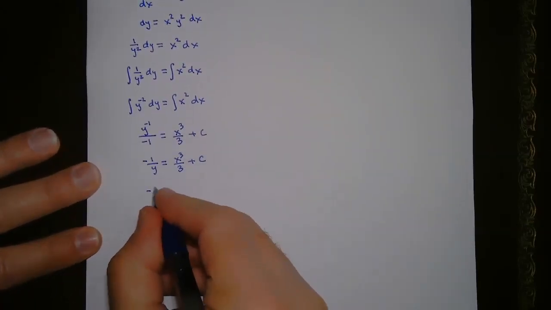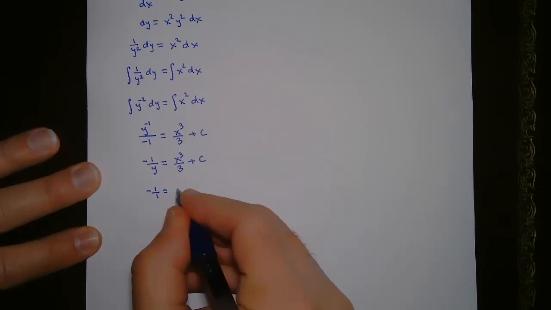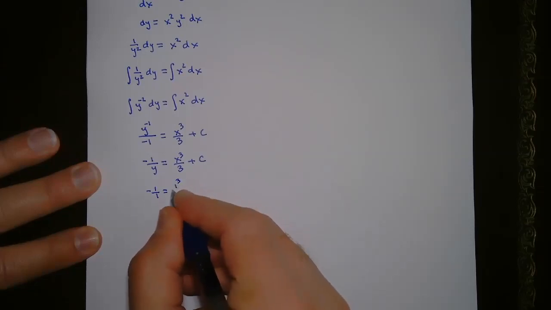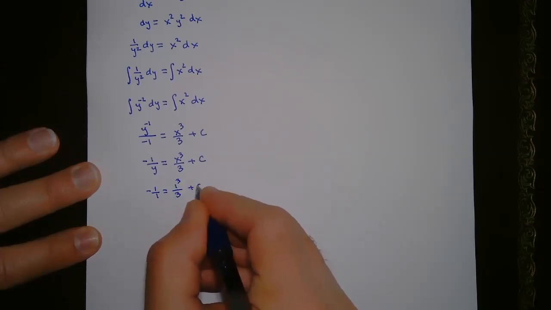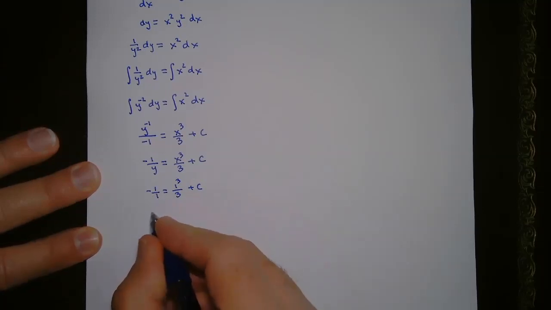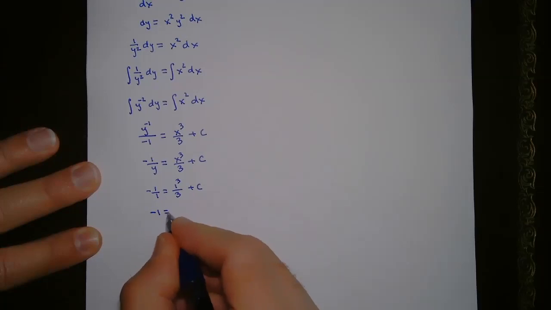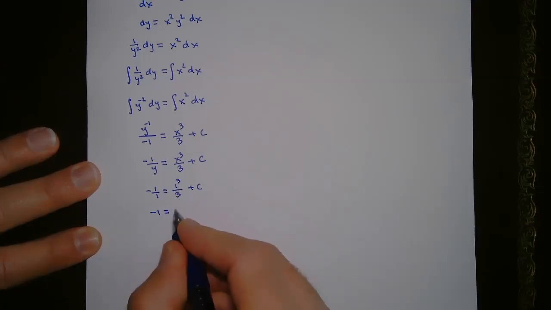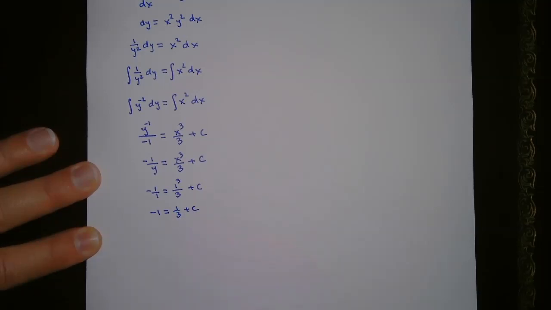This would be negative 1 over 1 is equal to 1 cubed over 3 plus c. So the left side is just negative 1, which is equal to 1/3 plus c.